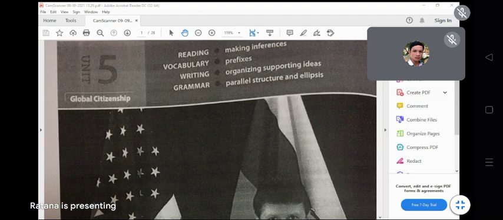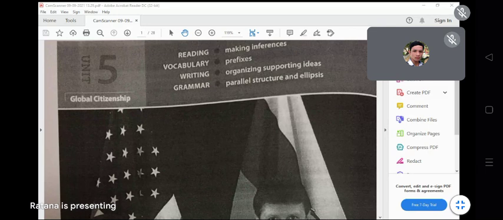You can see how to make an inference, how to infer, based on your experience and your observation.